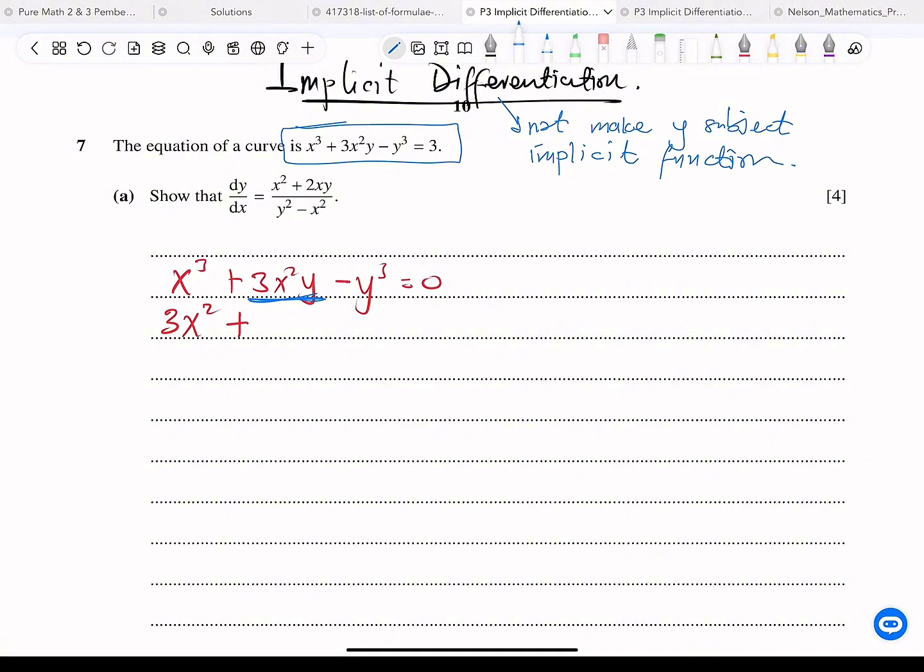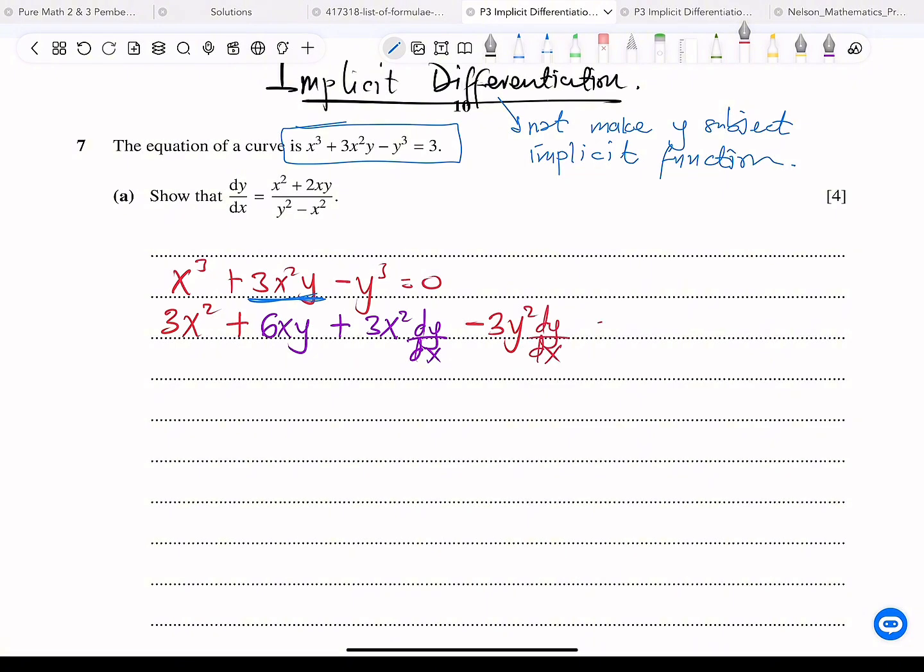You have x squared and you have y that you are going to differentiate. So let's differentiate the x first. That will be 6xy plus. Now we keep the 3x squared and we differentiate the y, and that will become dy dx. Then we differentiate our negative y to the power 3. That's negative 3y squared dy dx.